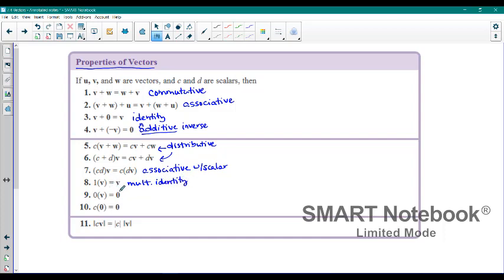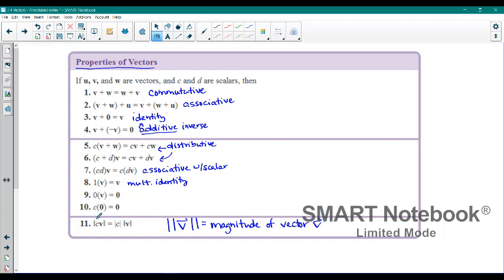0 times a vector is going to be the zero vector, okay? And a constant times the zero vector is just 0. Number 11 has this symbol introduced. When you see this, this is talking about the magnitude of vector V. And that just means the length of it, okay?